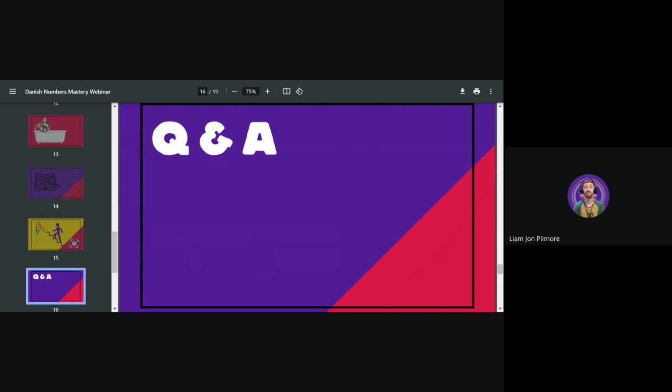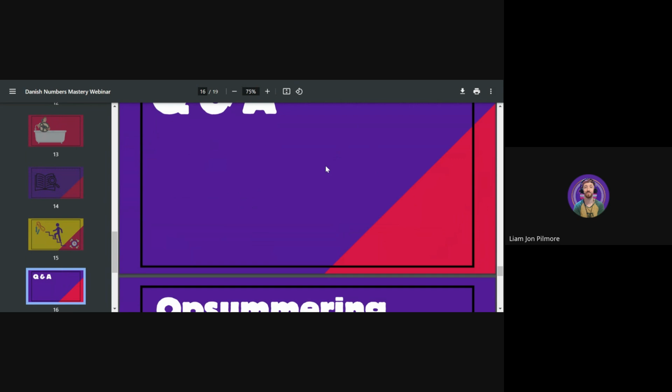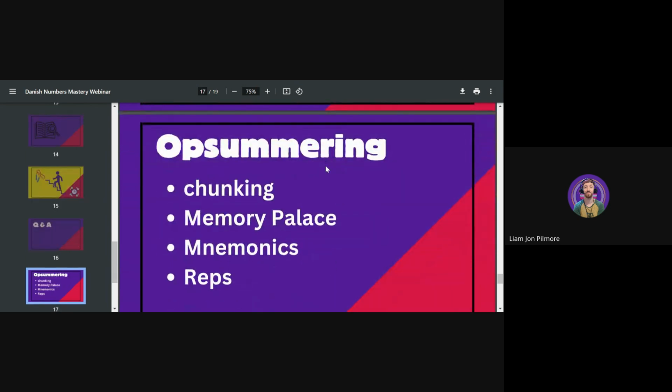But it could also be that it's not set up, because I haven't heard from any of you in the chat box, so it's very likely that there's an error with the setup, but that's no problem. Otherwise, here's our little summary: chunking, memory palace, mnemonics, and reps. If you do all four of these things, you're going to be conquering the numbers in no time.